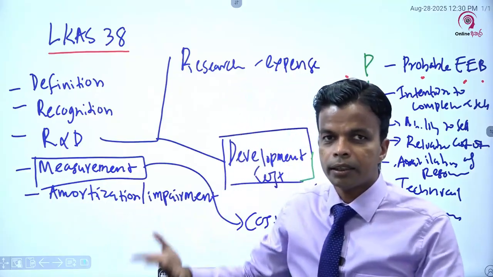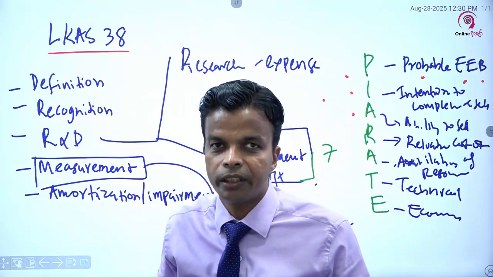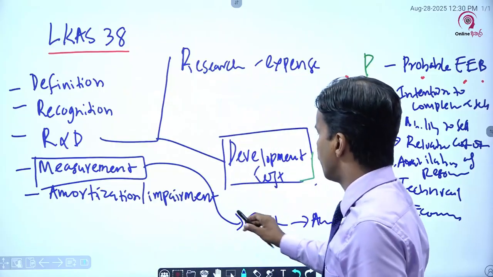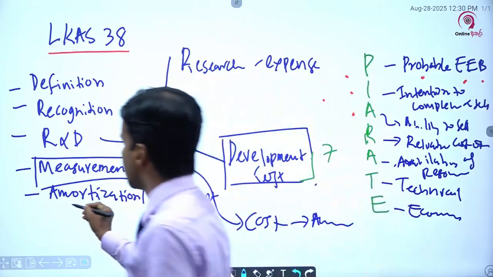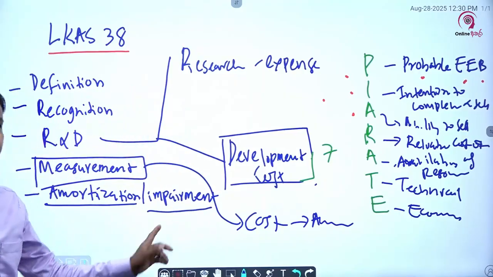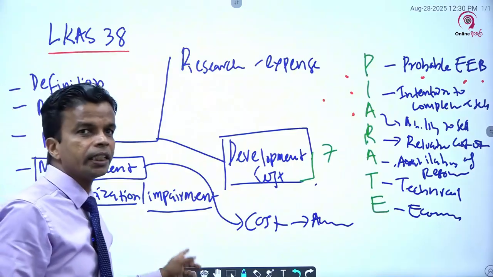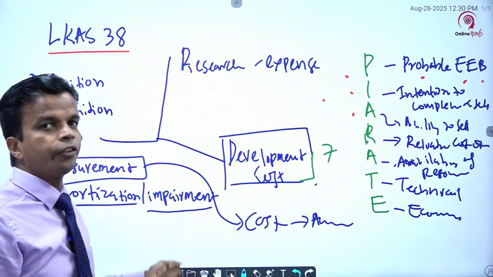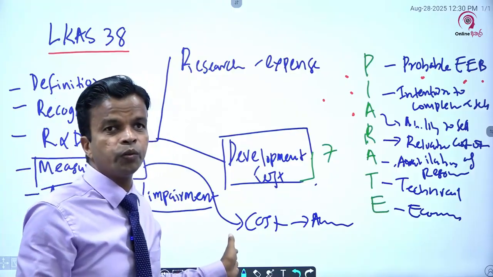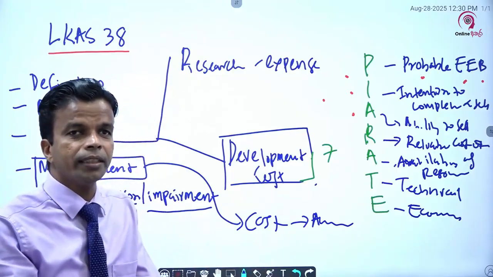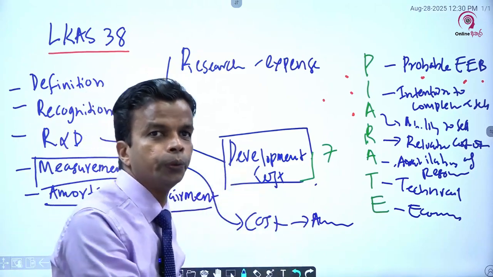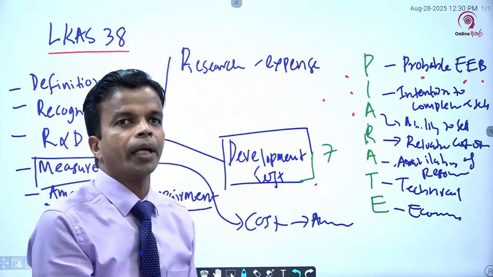And there are certain intangible assets with definite useful life. For intangible assets with definite useful life, you do the amortization, and only when indicators exist, you do the impairment. But for intangible assets with indefinite useful life and intangible assets which are not ready to use yet, you should do annual mandatory impairment.